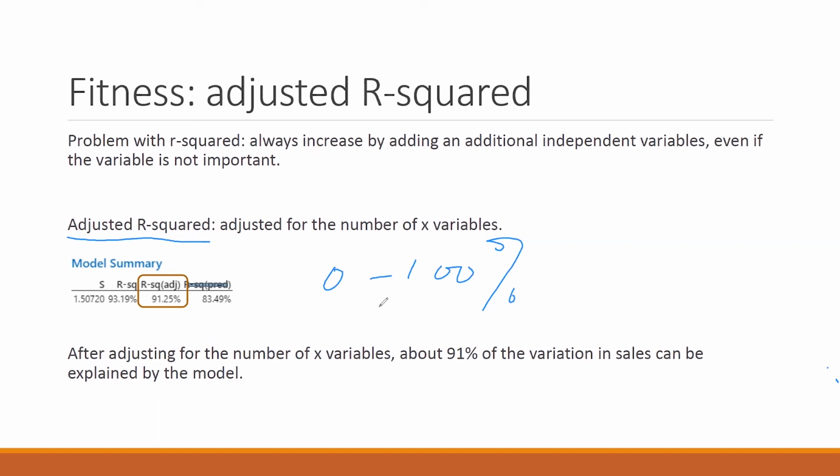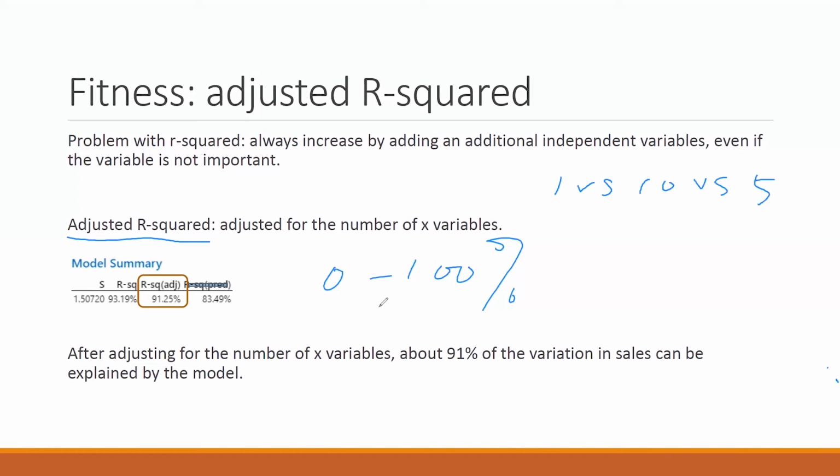So here's the idea. Suppose I'm running regression models for the same y variable, the same dependent variable, and I have several choices. I can include just one x variable, or I can put 10 x variables in the model versus 5 x variables in the model.